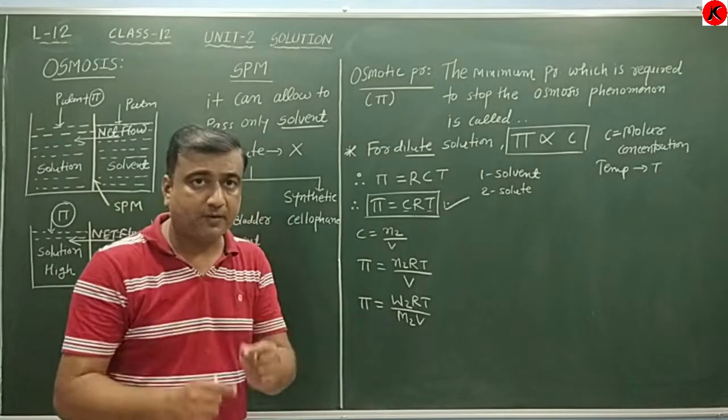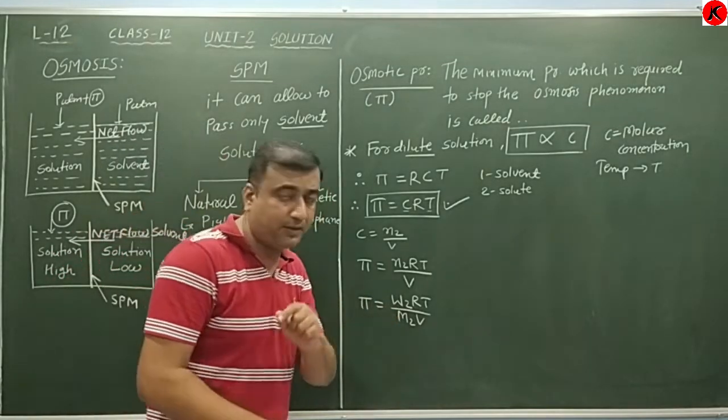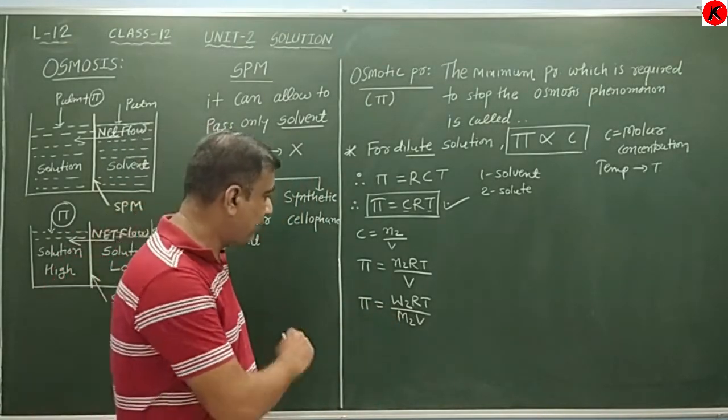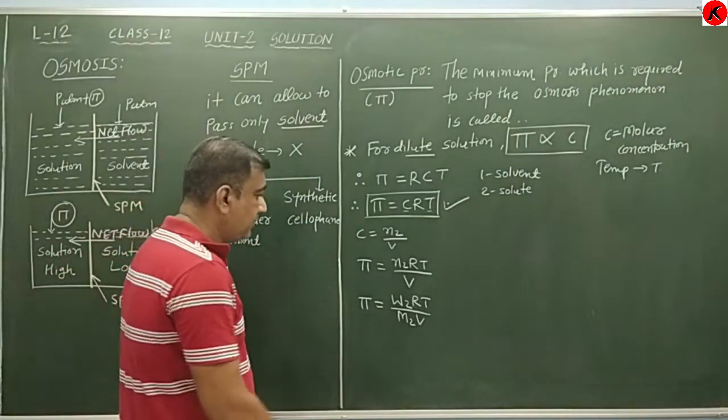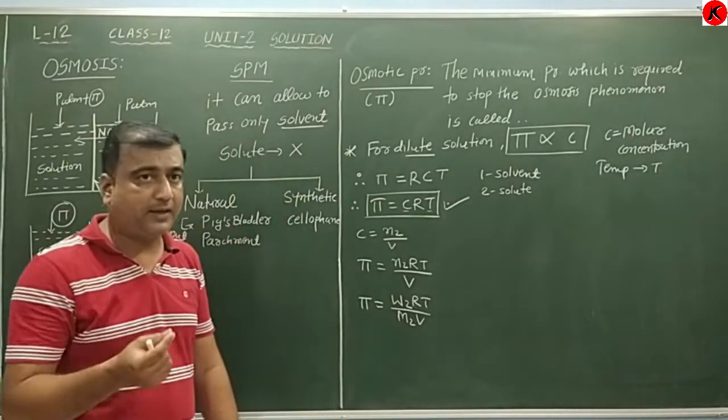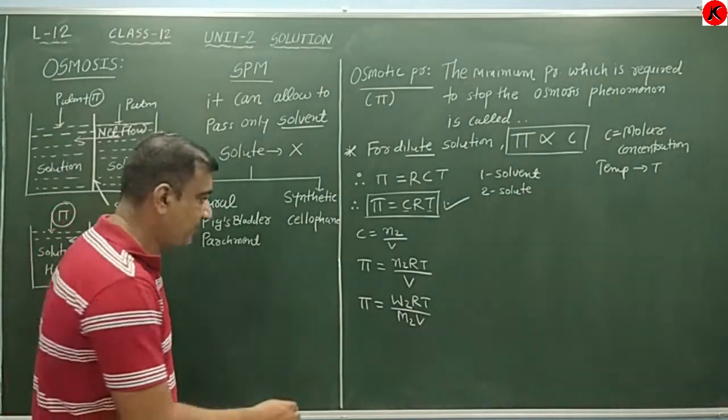W2 means mass of solute, M2 means molar mass of solute, V is the volume of the solution in liter. So by this way, you can calculate the molar mass of solute.